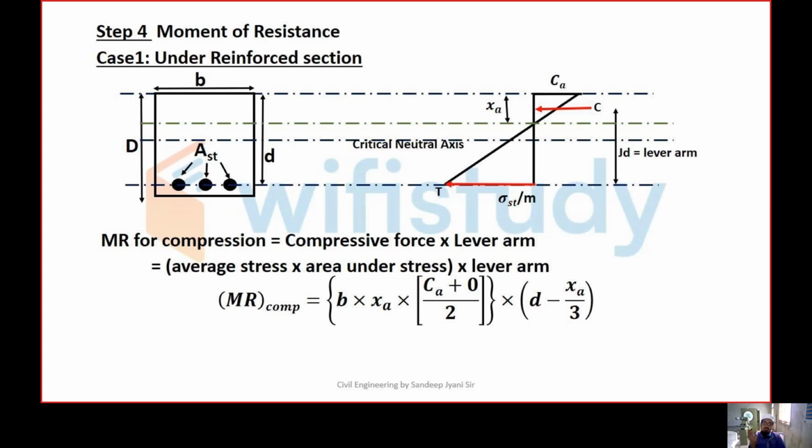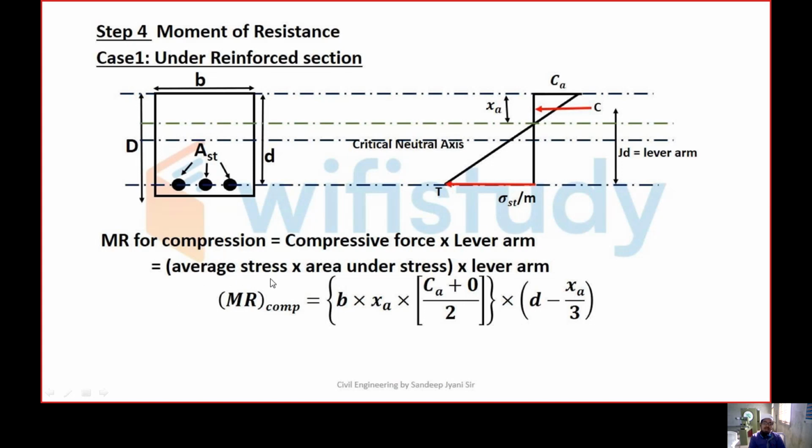For force or load, the formula is stress into area. You all know that stress is equal to load upon area, so load is equal to stress into area. Similarly here, compressive force is equal to average stress into area under stress, into lever arm.